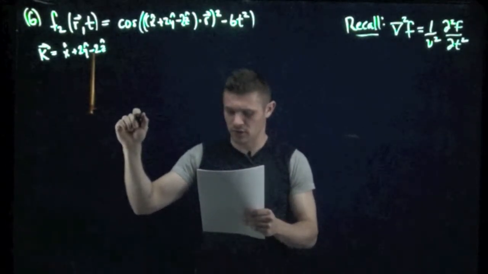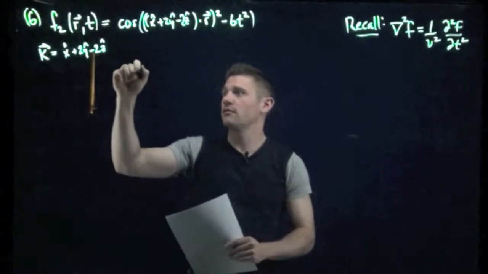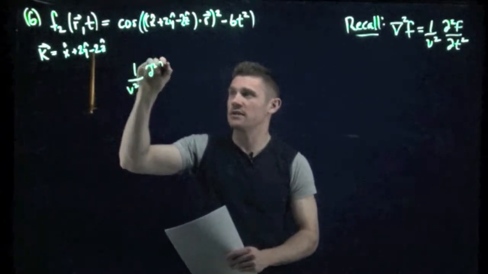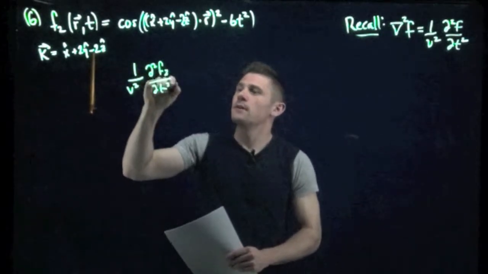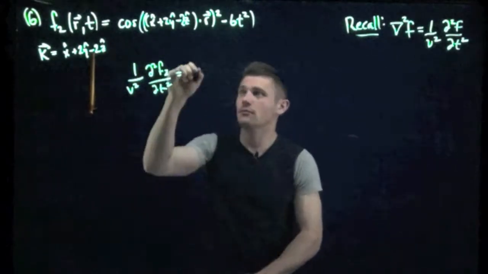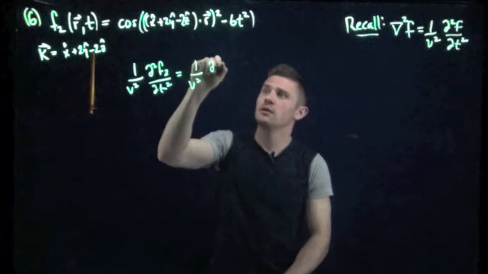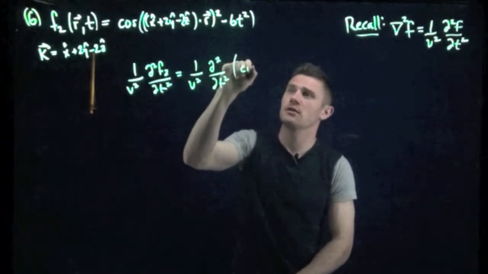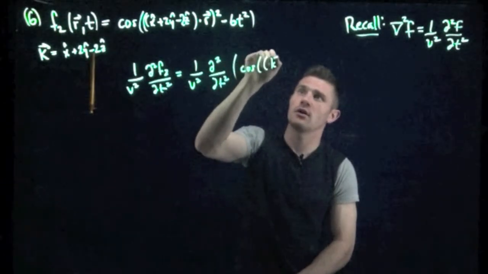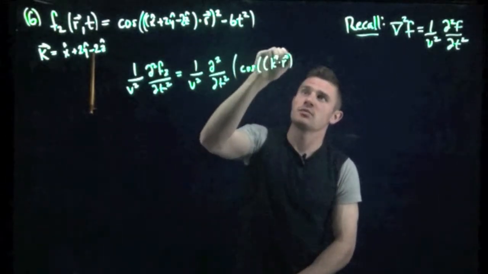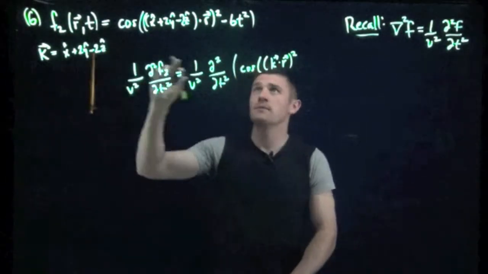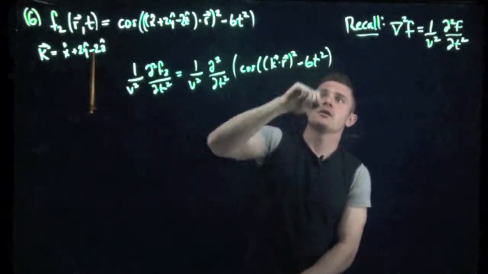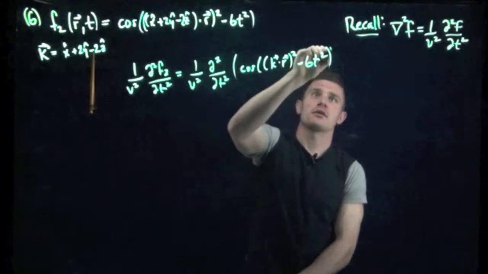So we'll start with that, and we'll see that we have 1 over v squared, and we'll take the second time derivative of f2, and this is given by 1 over v squared d squared by dt squared of our function, which is cosine, and here I'll just write k dot r to simplify things, minus 6t squared, and all the brackets are in. Perfect.